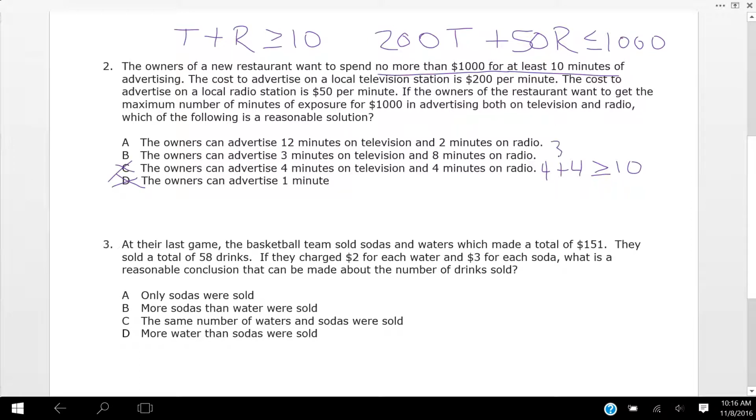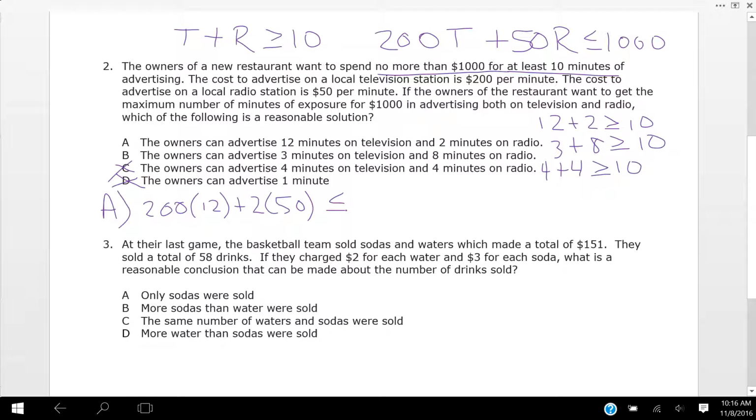B has 3 minutes and 8 minutes, which is greater than or equal to 10. And A has 12 minutes and 2 minutes, which is also greater than 10. So I'm down to A and B. For A, I'm going to put in 200 times 12 plus 2 times 50 and hope that that's less than or equal to 1,000.